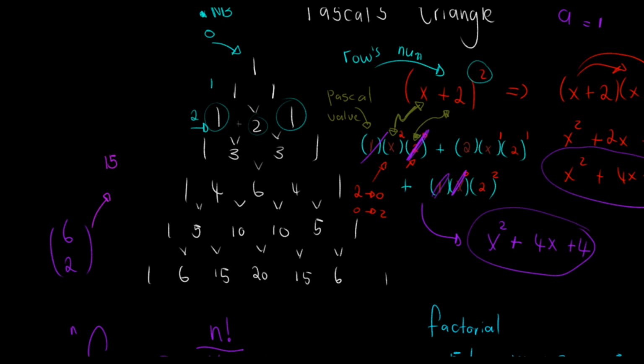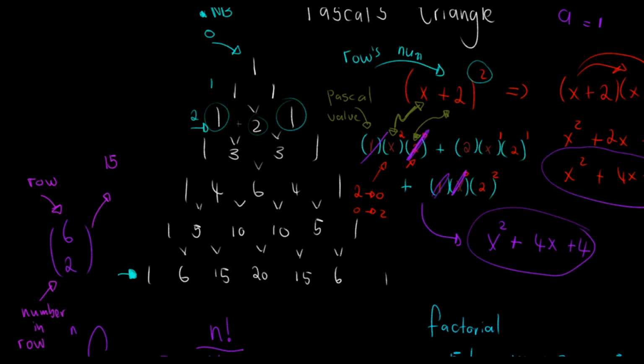Now look at this. I can now actually use Pascal's triangle to find my answer without calculations. The 6 would be the row, and the 2 would be the number in the row. So if I have 6 choose 2, I can go down and find my 6th row, which is this. This row would be my 6th row.